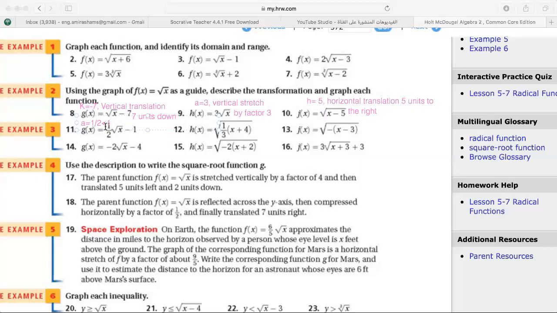It is a vertical compression, because the number is multiplied by the whole function. And it is translated also vertically. The k is -1, so it is a vertical translation 1 unit down. Let me write here k is equal to -1.